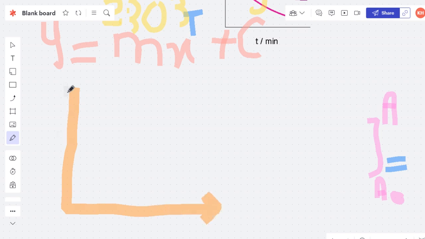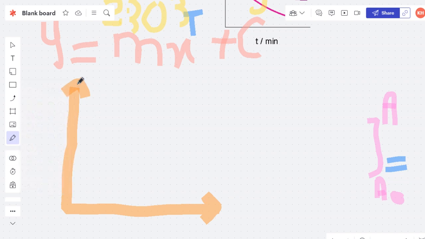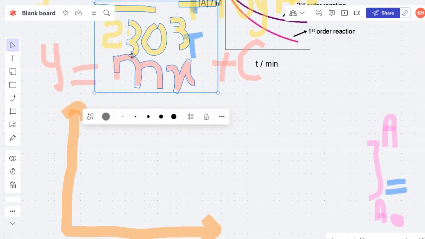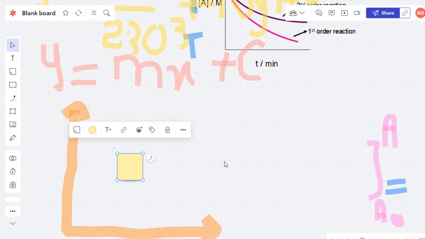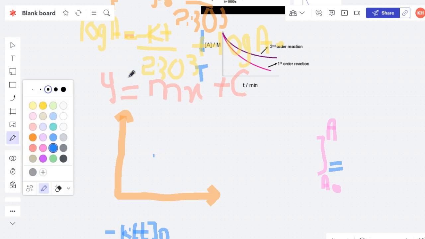This is a graph. What's given on the y-axis?